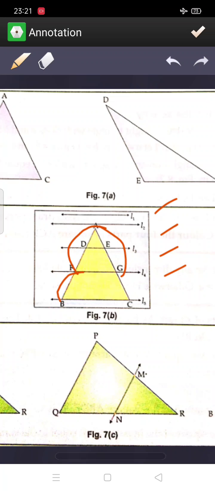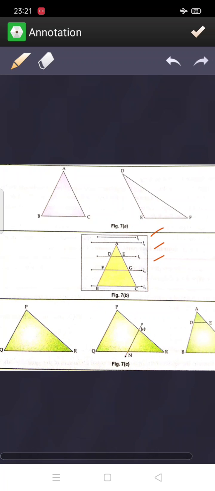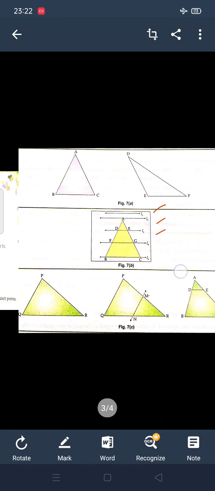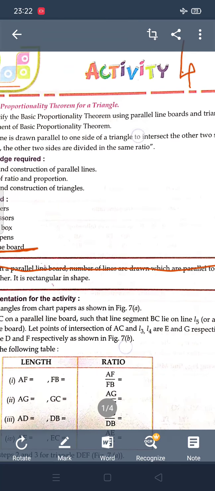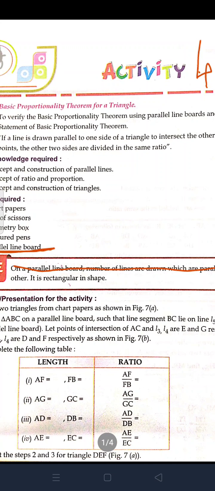Now, how can we understand that they are the same or not? By measuring them. Yes, you heard right, by measuring them. In the first page of the activity, they have a table of lengths and ratios.